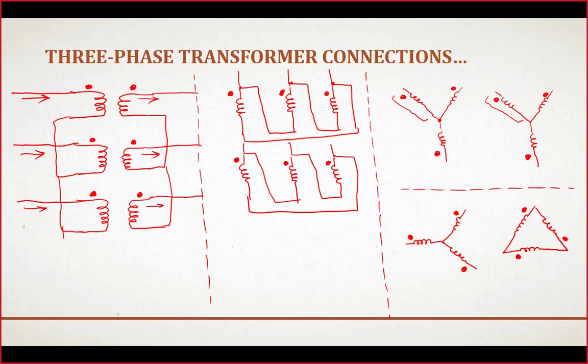Now the current here within the delta that is flowing towards the dotted end will be in phase with the current that is flowing out of the dotted end in the winding on the other side. The same is true for the second phase and for the third phase. As we can see here, these three currents are exactly in phase.